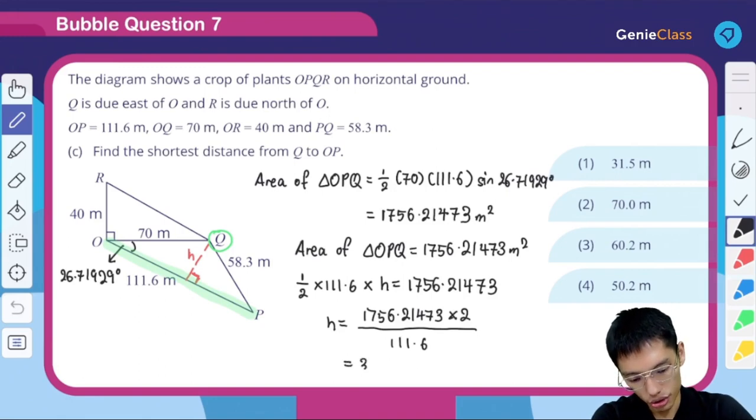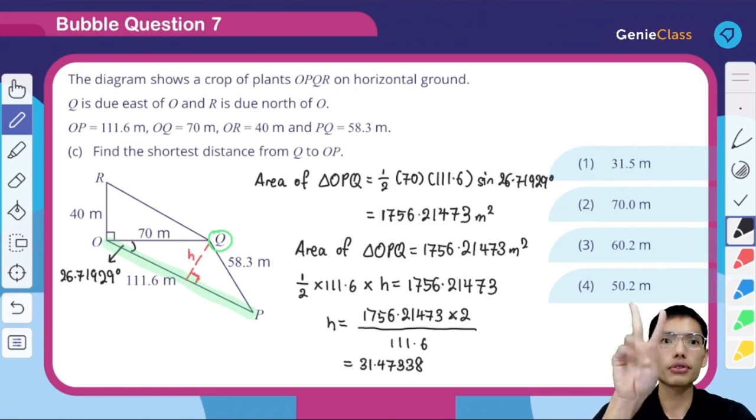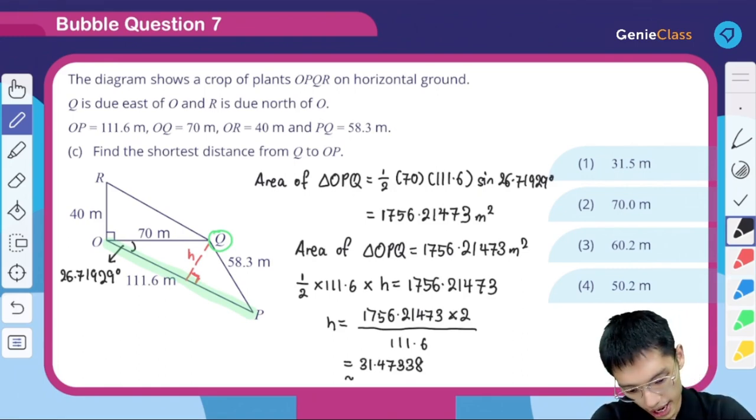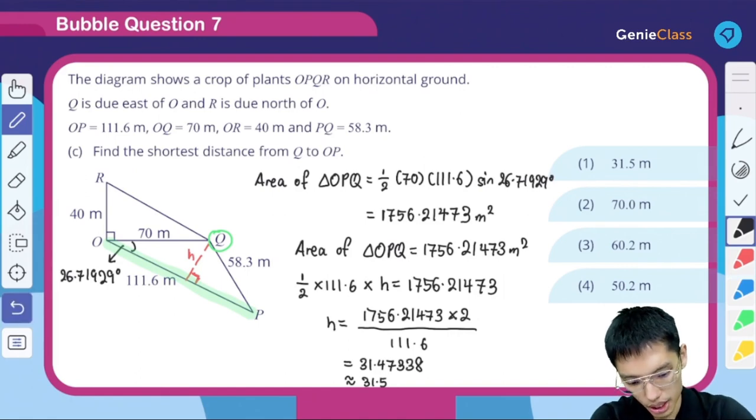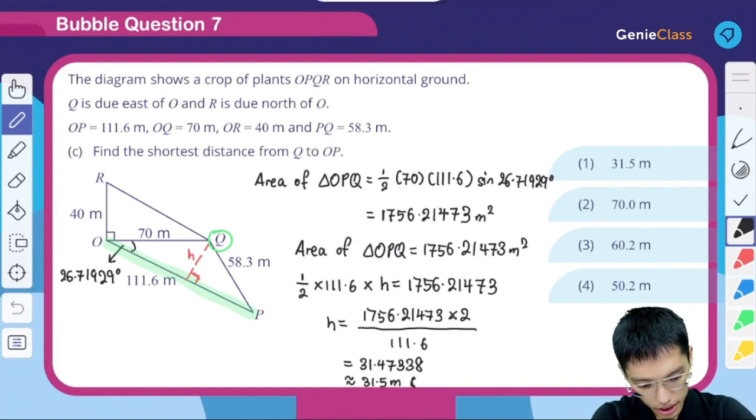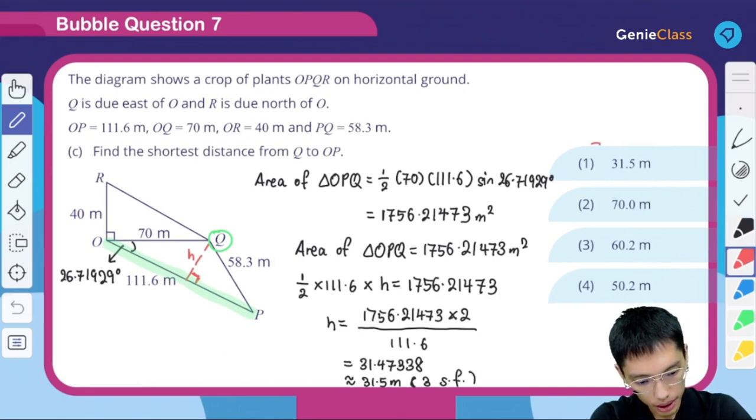That's how you get the height: 31.47338. Round off to 3SF, because it's the height: 31.5 meters. This is in 3SF. Therefore, number 1.